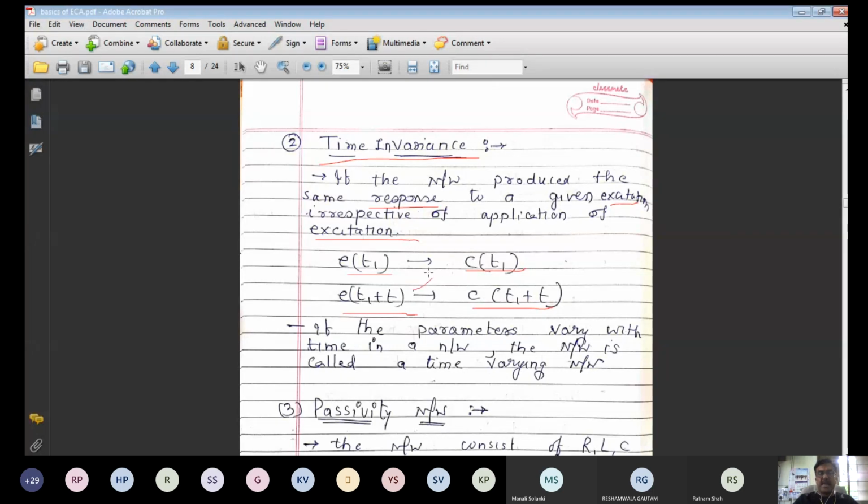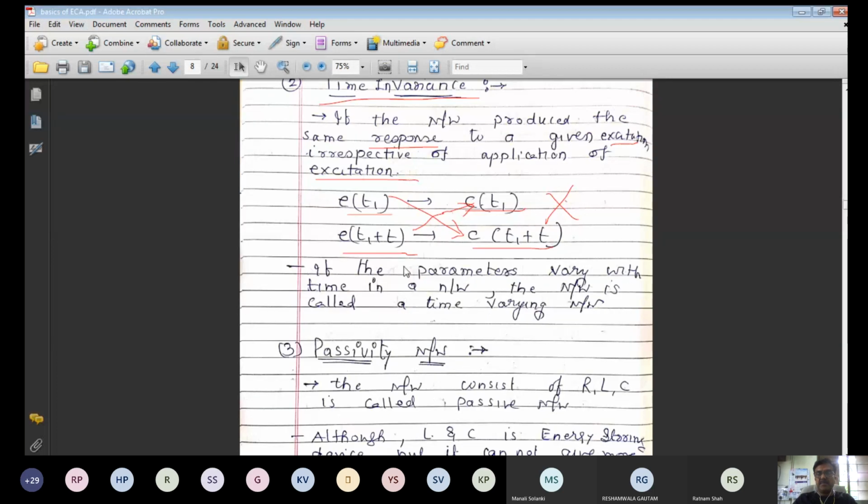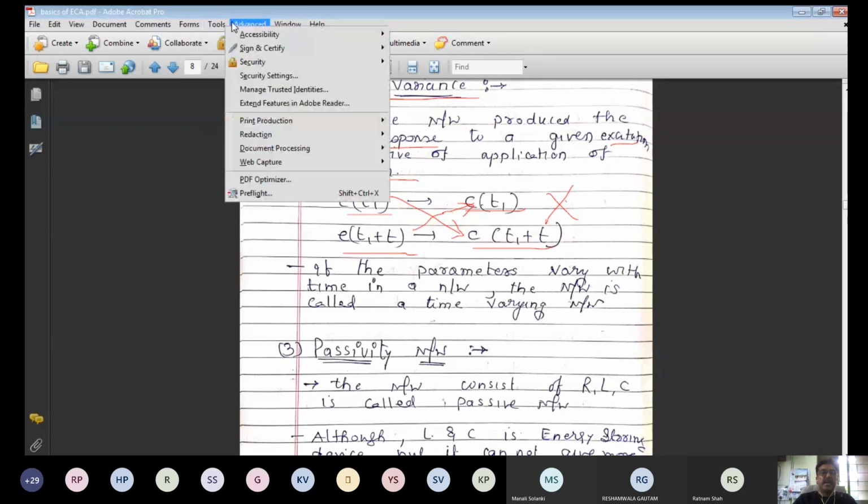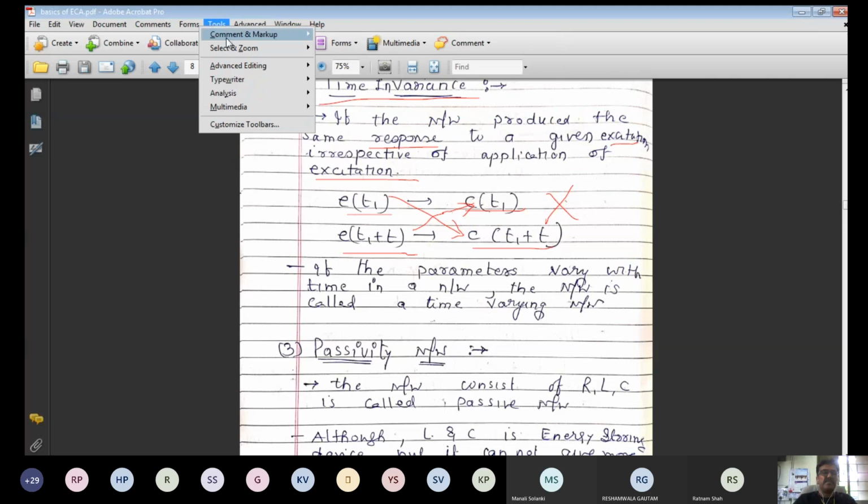It doesn't give a response any other way. If the parameters vary with time, the network is called a time varying network.